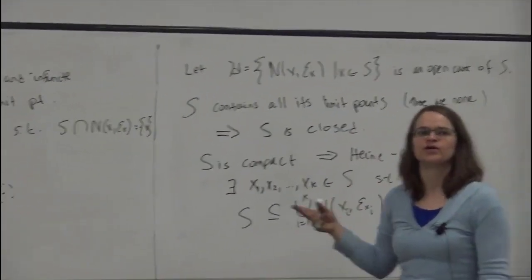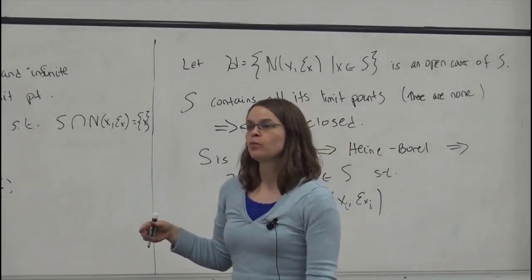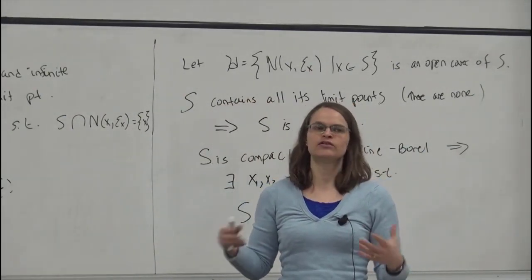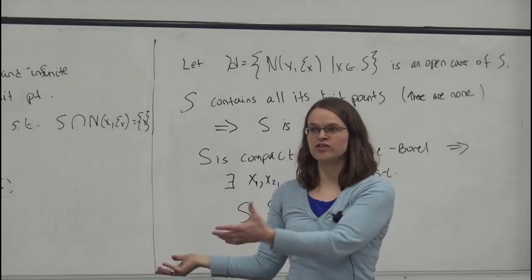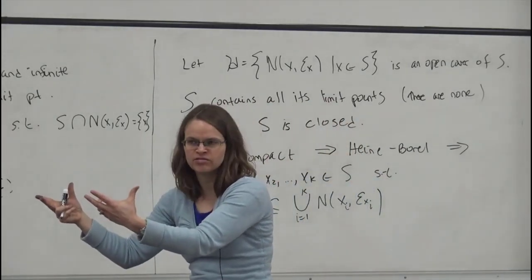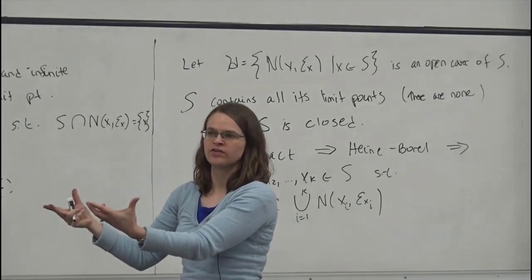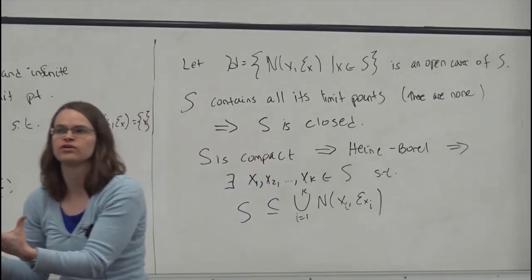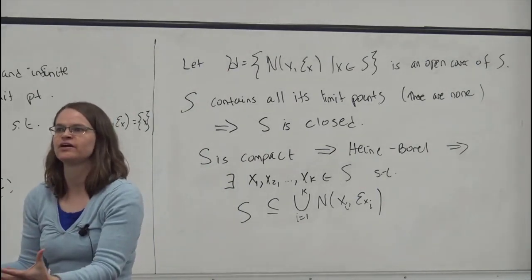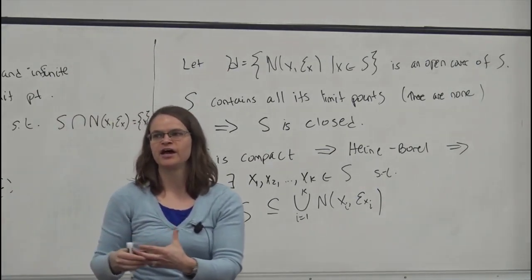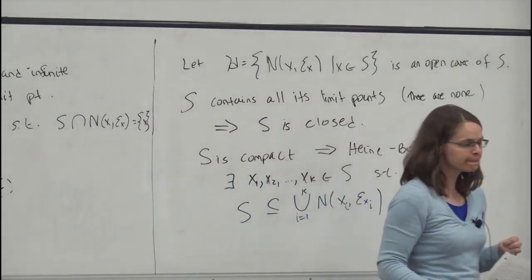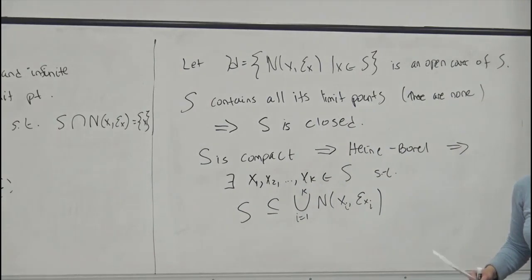For particular metric spaces, we'll do what we did for Rn: ask what's an easier way of characterizing compactness. For example, for the space of continuous functions, there are ways of characterizing compactness that are easier than Heine-Borel, but give us access to the power of this theorem. So that's it for today.